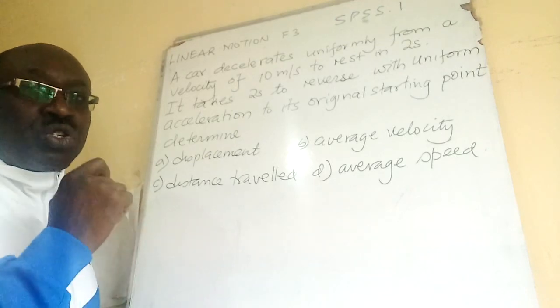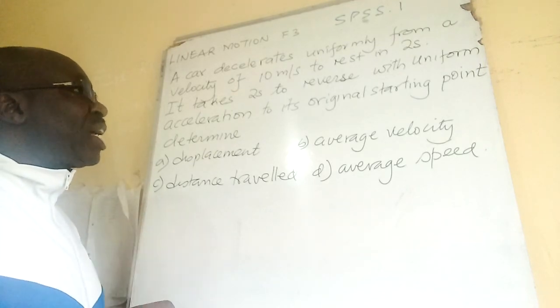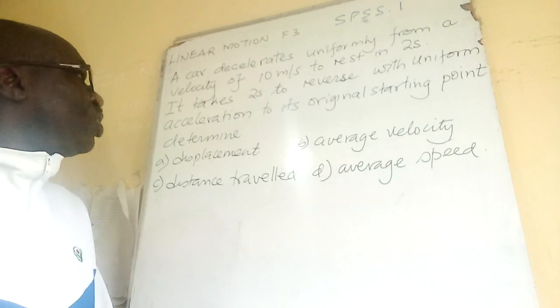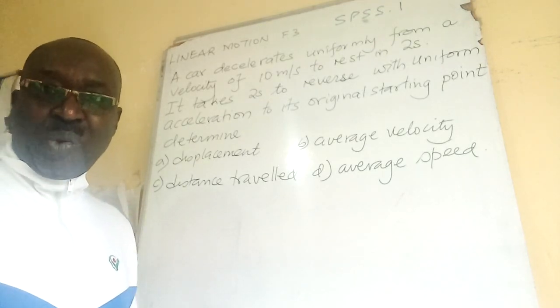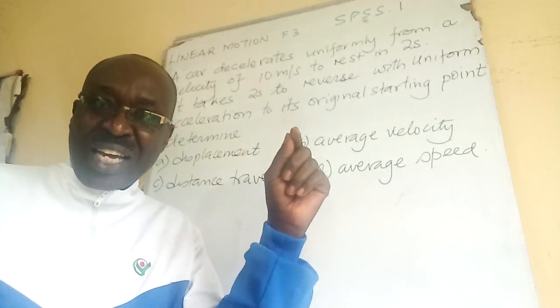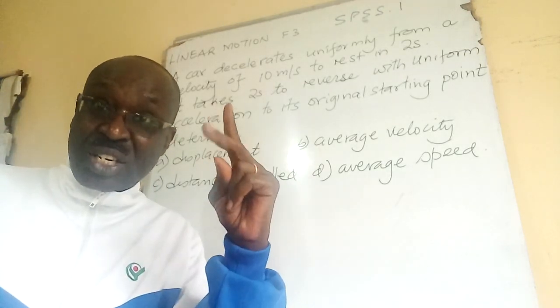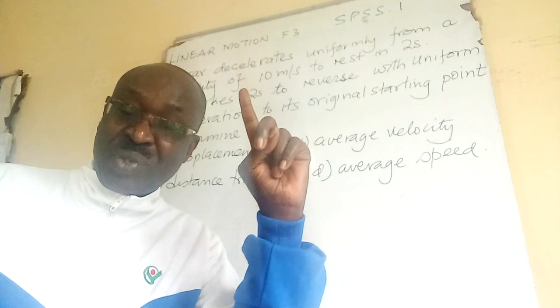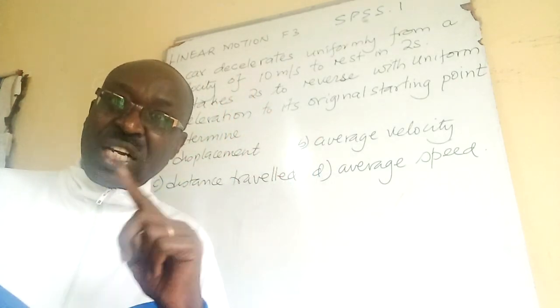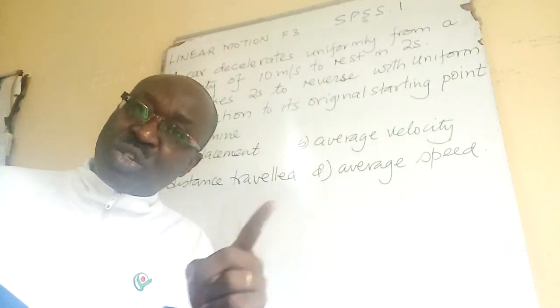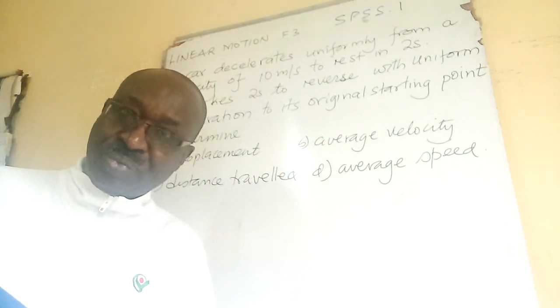It takes 2 seconds to reverse with uniform acceleration to its original starting point. It is doing the reverse of deceleration. It has to accelerate back to the original position.